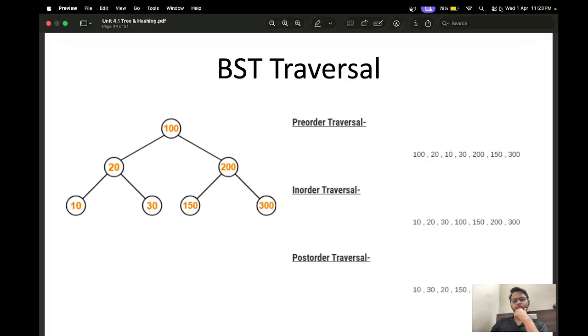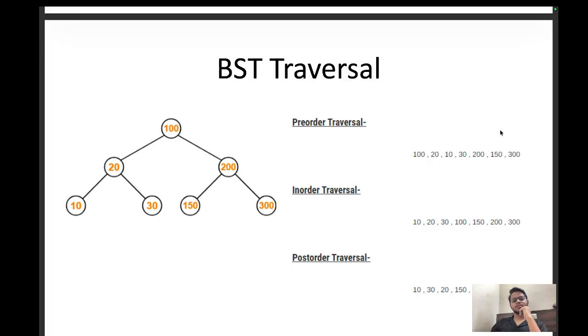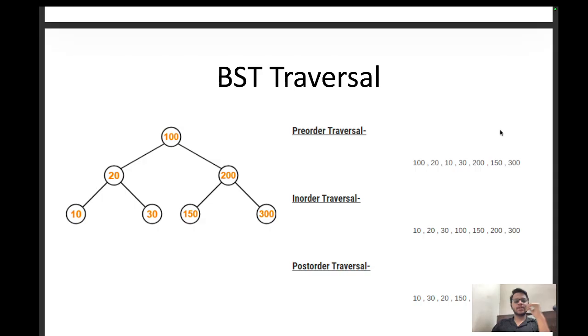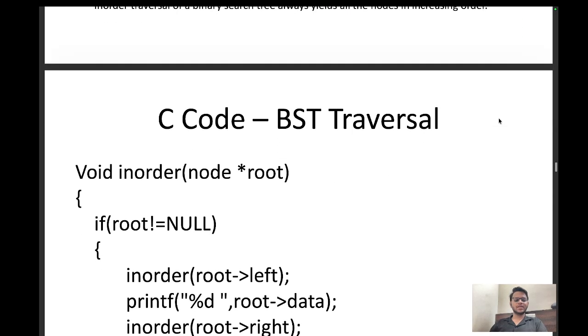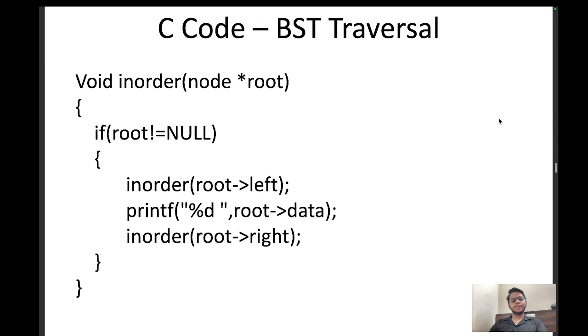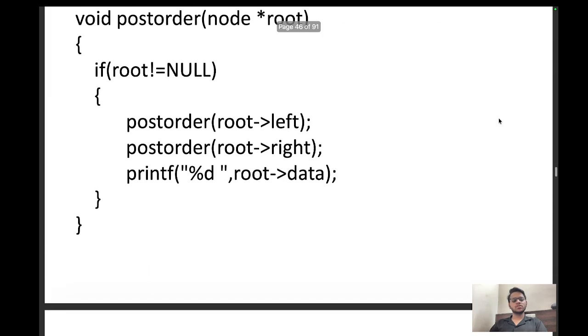This is our fourth lecture on the topic of trees, and this is a very important lecture in terms of your weightage in exams. The topic we are covering today is BST traversal, and we will also see the code of BST traversal: pre-order, in-order and post-order traversals.